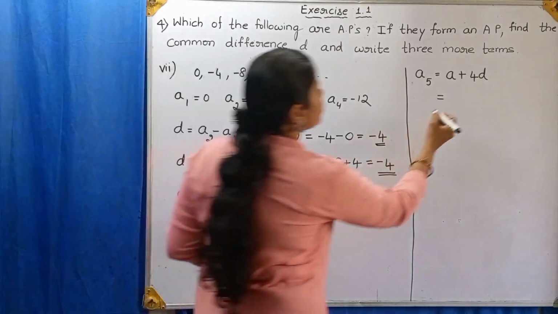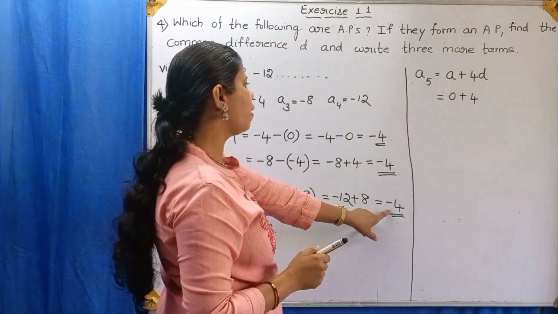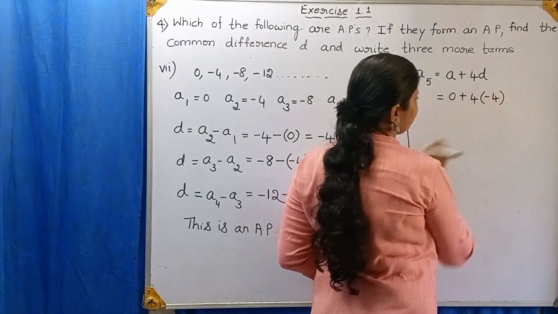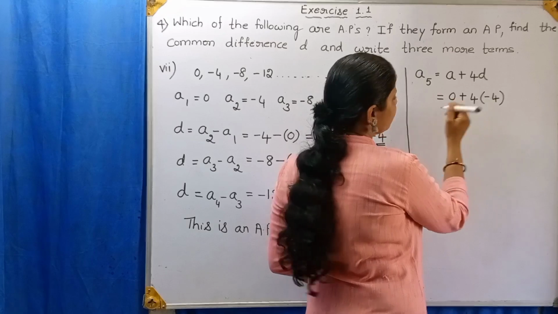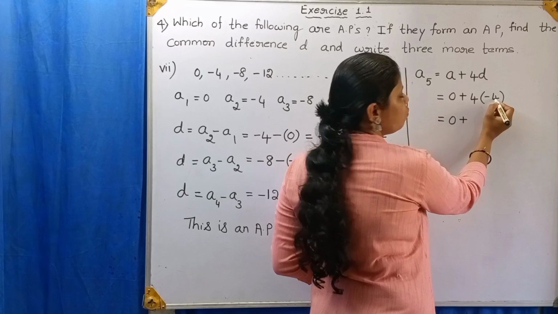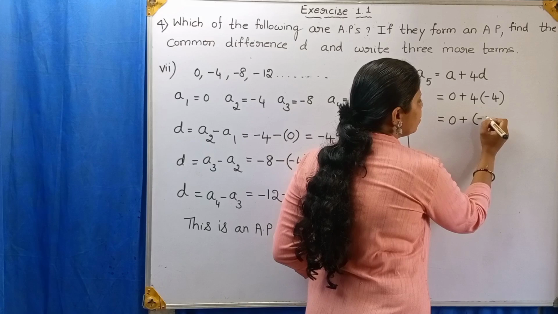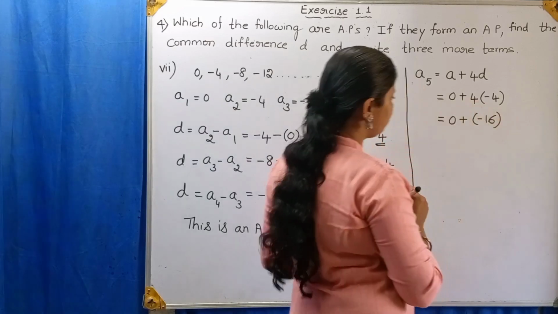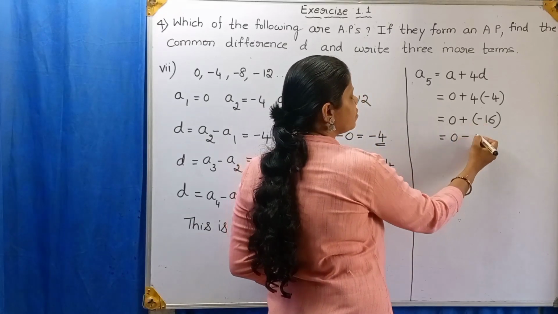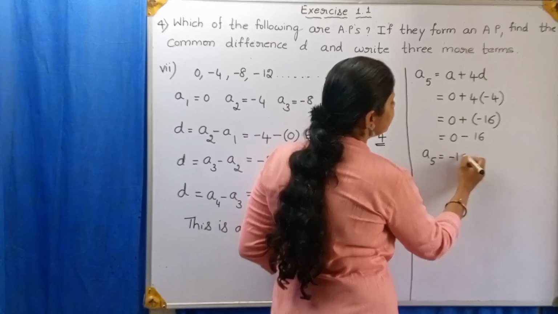A is 0 plus 4 into D, which is minus 4. So, take it in the bracket. 0 plus 4 into 4 is 16, but plus into minus is minus. Therefore, it will become minus 16. Therefore, A5 is minus 16.